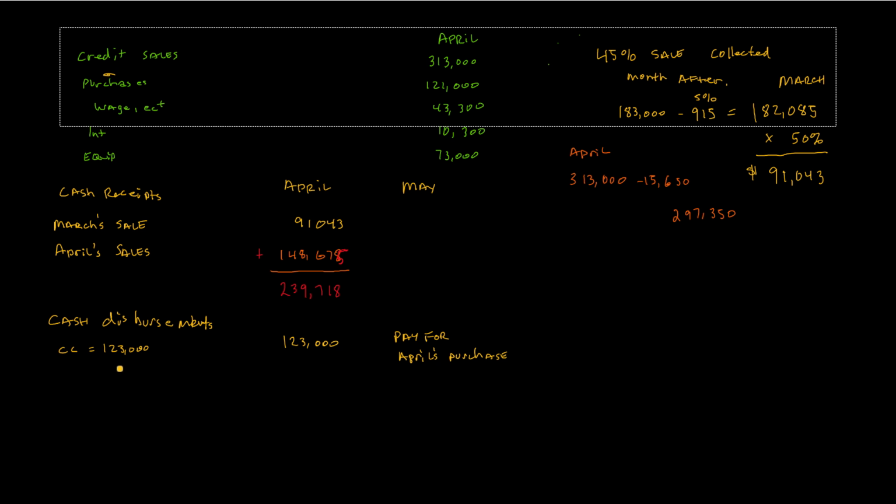Then we have our wages, taxes, and expenses. I'm just going to say wages end up being the 43,300. The interest ends up being the 10,300.